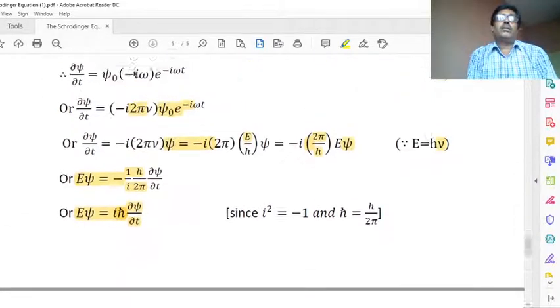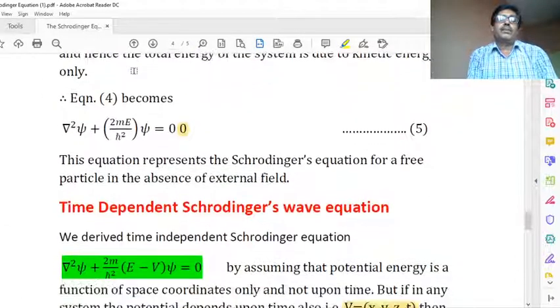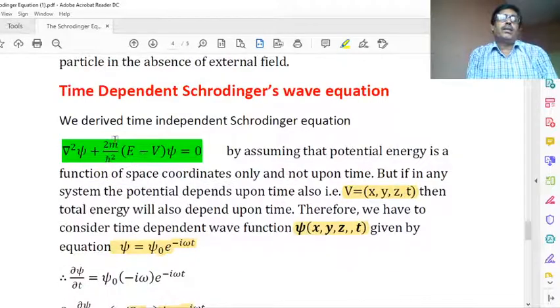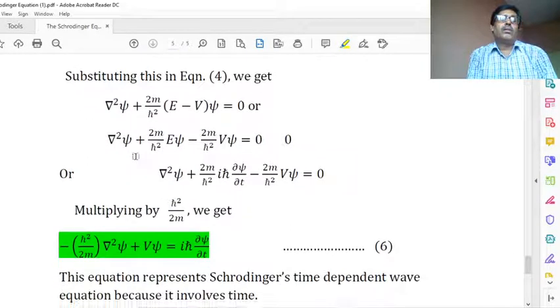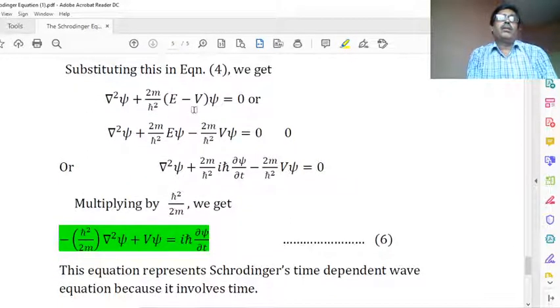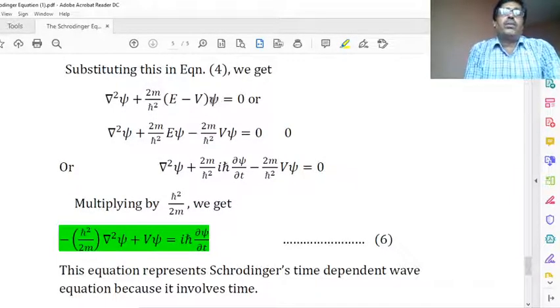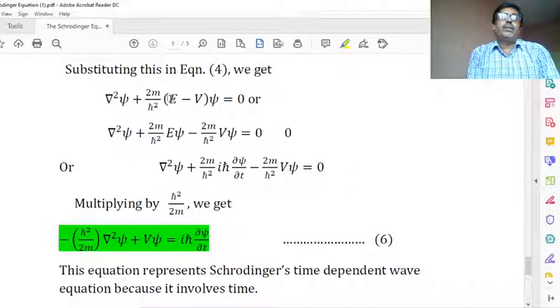We return to equation 4. This is also equation 4. Here del 2 psi by 2m h cross square. We take the help of here del 2 psi 2m h cross square. Now we resolve the bracket: 2m by h cross square E psi, 2m by h cross square V psi.